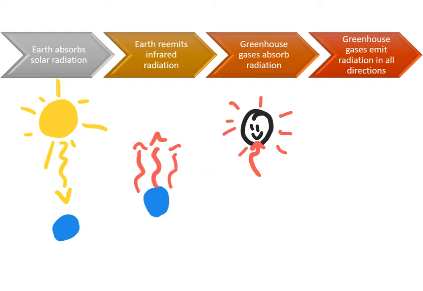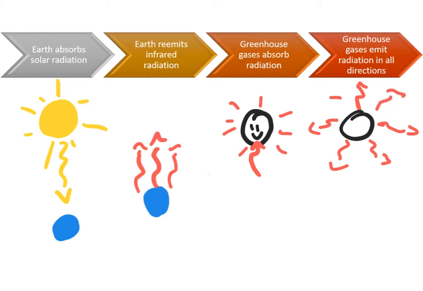But again, like the Earth, they can't keep that extra energy forever. So they're going to take that infrared radiation, but instead of emitting it away from the Earth, they're going to emit that radiation in every direction. So what that means is that some of that radiation is going to come back towards the Earth and get stuck between the atmosphere and the Earth. So these guys are sad and stuck between the atmosphere and the Earth.